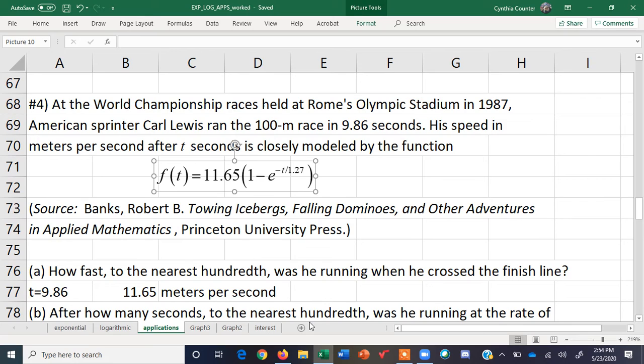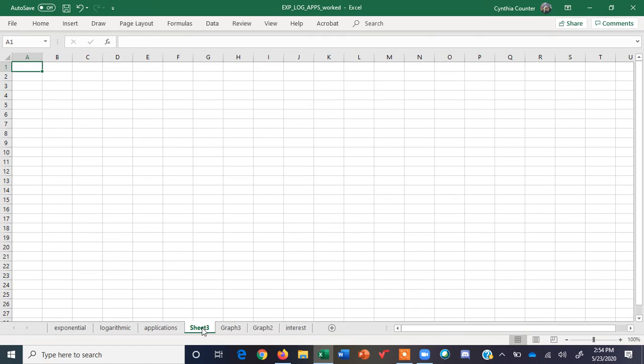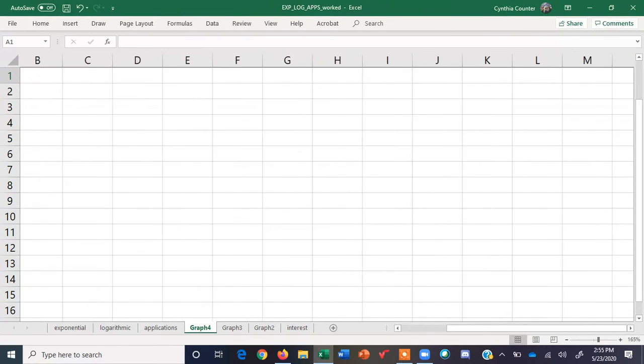So let's create another tab for graph 4. Enter. Make this a little bigger.